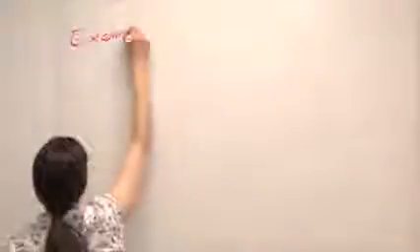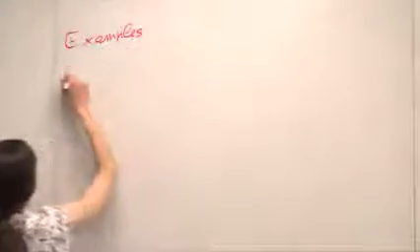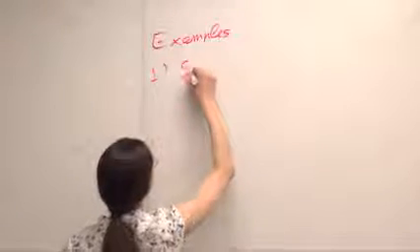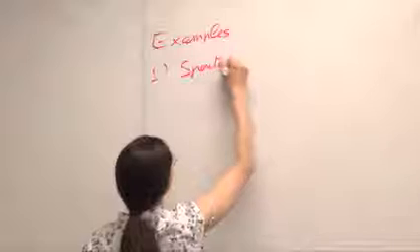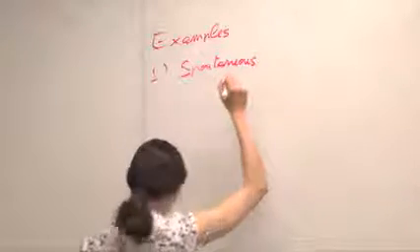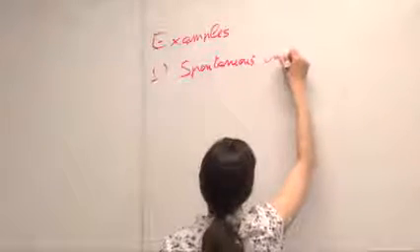No other questions? So let's look at some examples. The first example is going to be just spontaneous emission. So we have just a 2-level atom, just to simplify my life.